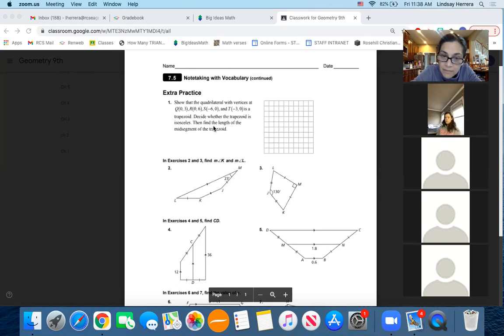And we have that MJ and KL are congruent. So what does that tell us about our base angles? They're also congruent. So on number 2, even though it's at a weird angle and it doesn't look like it, we have an isosceles trapezoid. So the measure of angle L is also going to be 23 degrees.